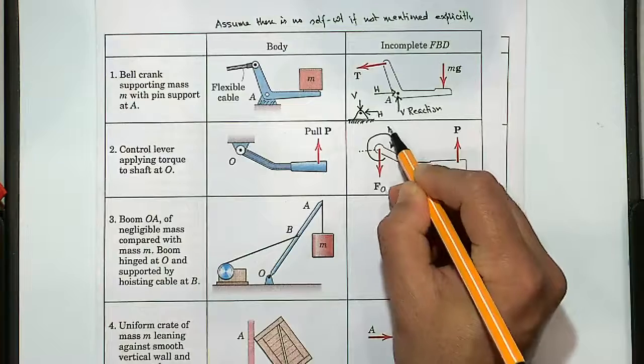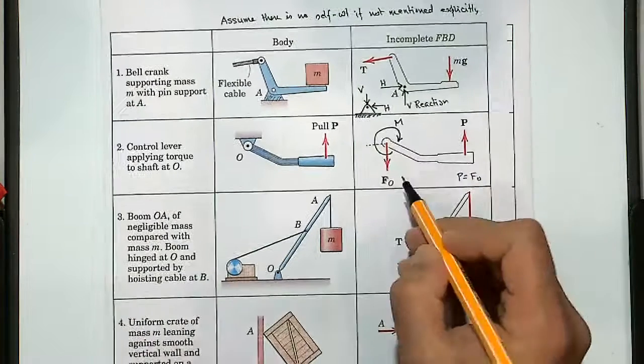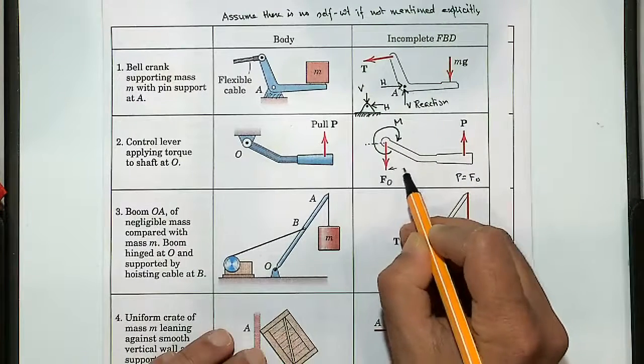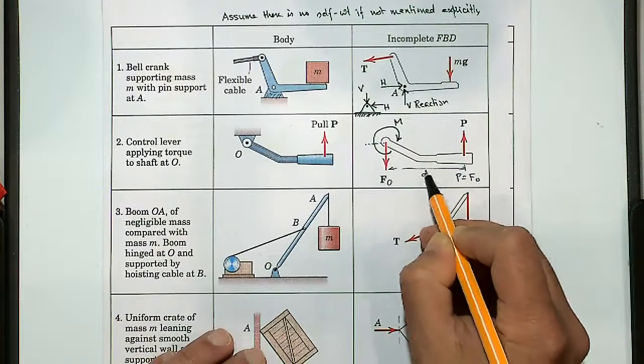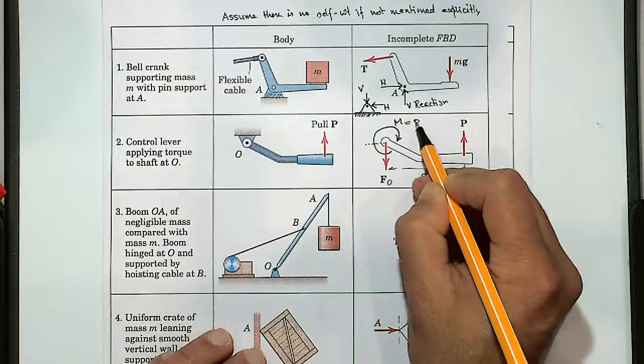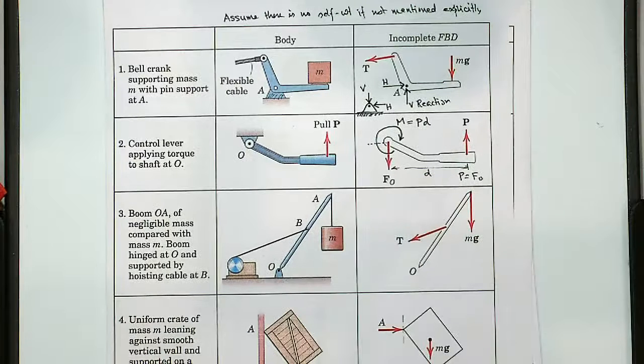If you call this resisting moment M, and this distance is D, for example, then M would be P times D. Then it is under equilibrium. So you need to consider both whether there is any linear movement or rotational movement as well. Only then will you come to a conclusion of whether something is under equilibrium or not.